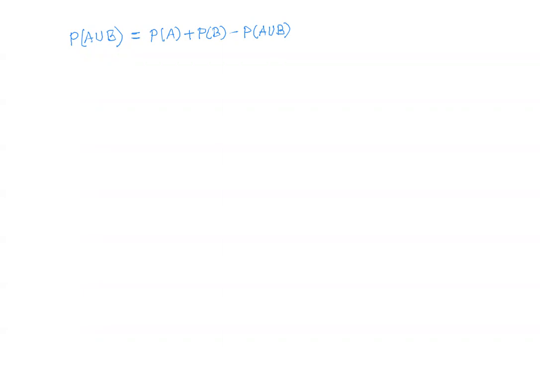Now you might be asking me, where did you get that formula? Suddenly you gave me this formula. Where does it come from? Now let me actually give you an example so that you can see it. Think of this as your universe of things when you are talking about some experiment or trial. So let's say all of it represents 100%, or one rectangle.